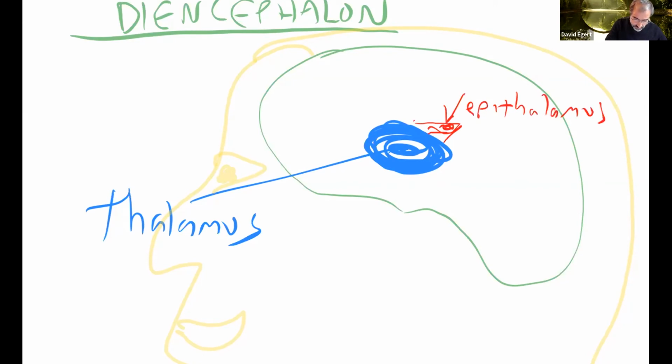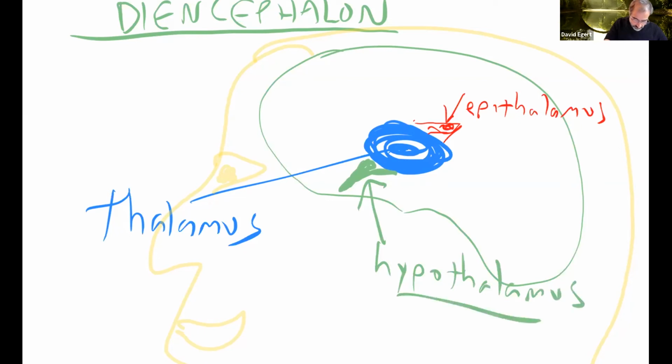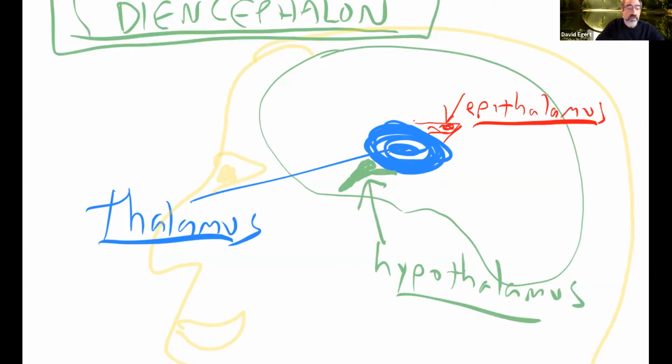And then the region below it here called the hypothalamus. So these are the three main components that make up the diencephalon. And we're going to talk about each one in turn here.